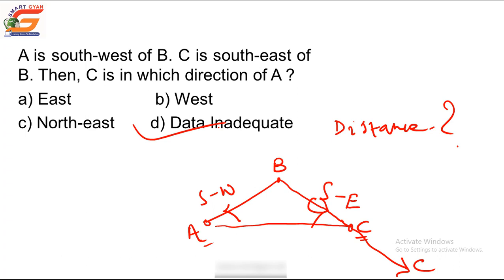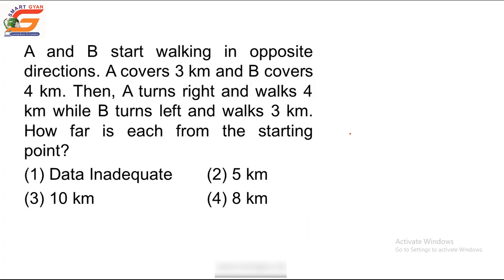But most of the time students try to find that C is in the east of A, choice A, but this is wrong. Try to understand the logic of the question. The problem is that the distance has not been specified. As there is no distance, it can be anything. The position of C and A will always vary. I hope this is clear to you.